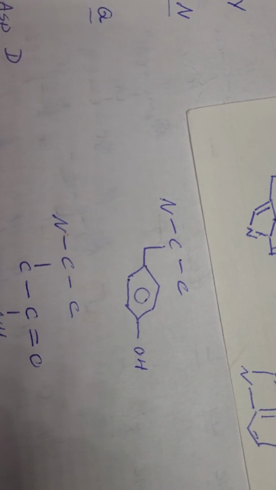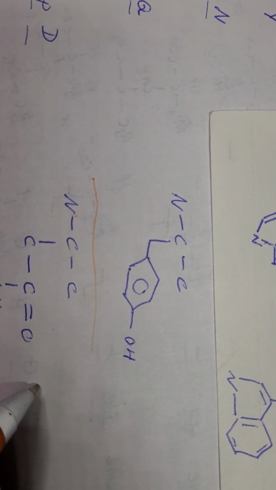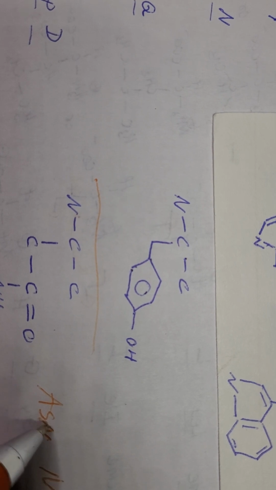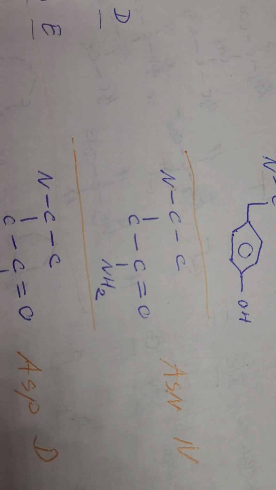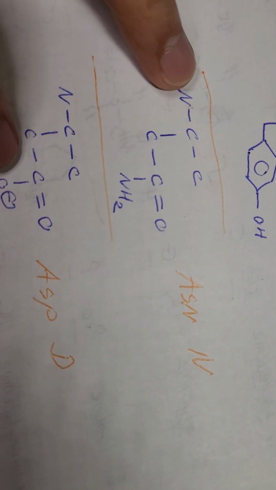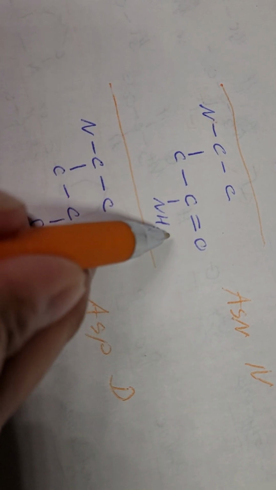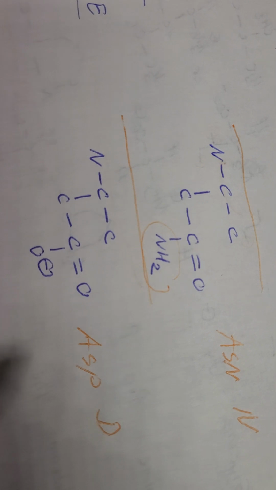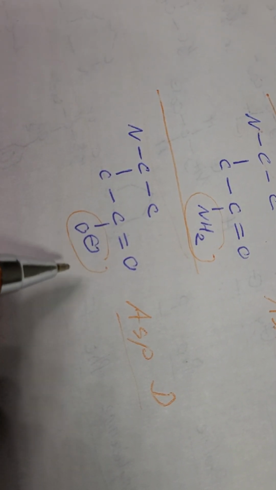Let me use a different color to help you understand. This one is ASN, is N. This one, ASP, is D. Make sure you don't misunderstand this. ASN is the amide, we have NH2. ASP has O negative charge.